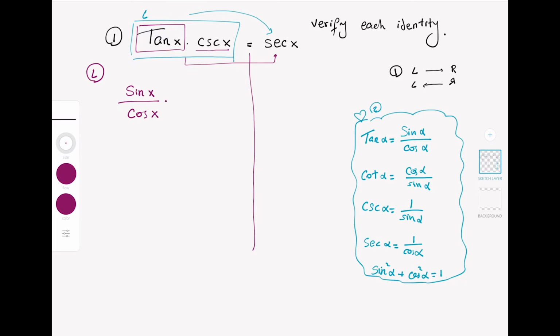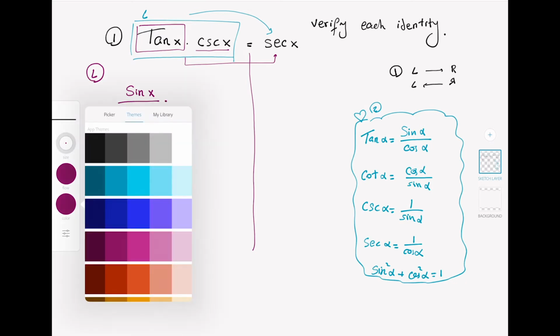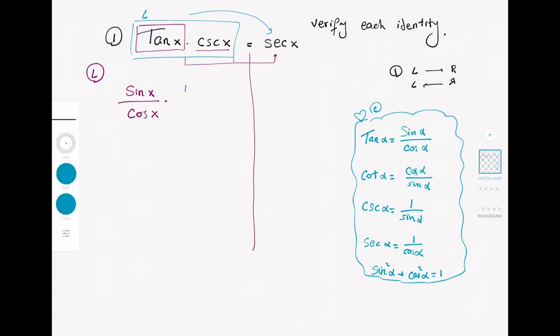And instead of cosecant of x, I will write 1 over sine of x. The sine of x cancel. We will get 1 over cosine of x, and 1 over cosine of x is secant of x. Therefore, we proved it.